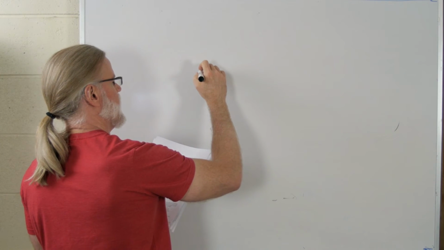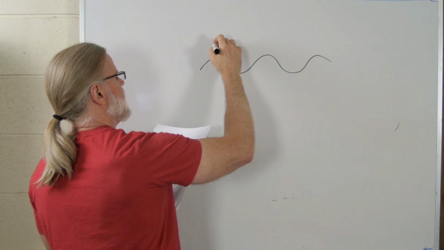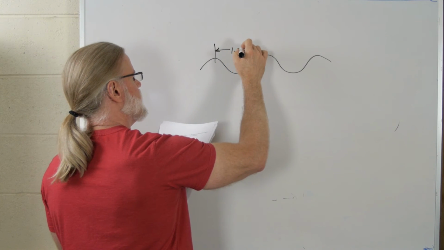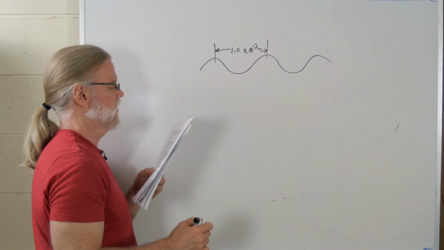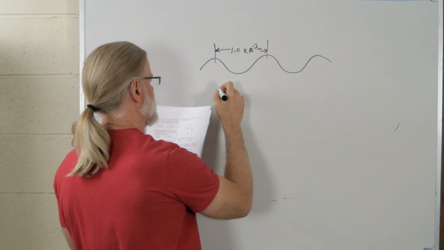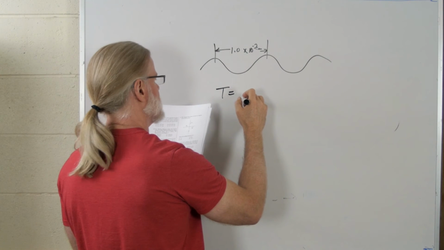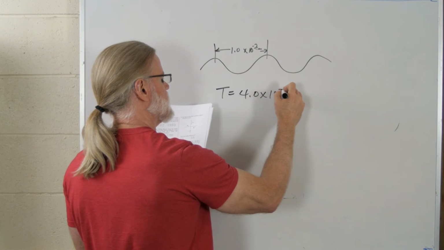All right, let's draw a picture. So we have some sort of water wave. There we go, water wave. And it looks like we have a centimeter between successive crests. Every 0.4 seconds. All right, so every 0.4 seconds, that sounds like a period. Period is 4.0 times 10 to the minus 1 second.